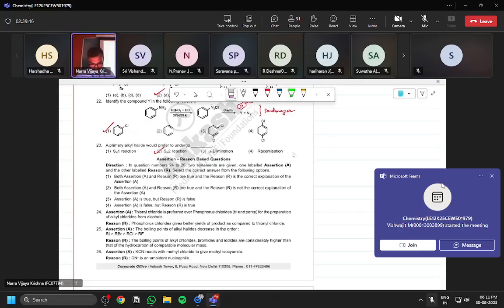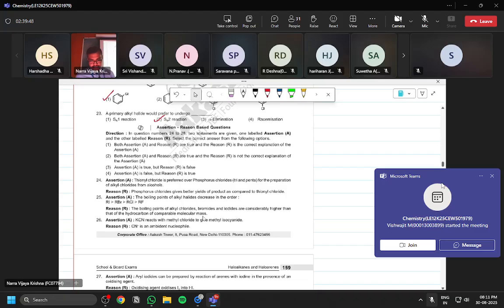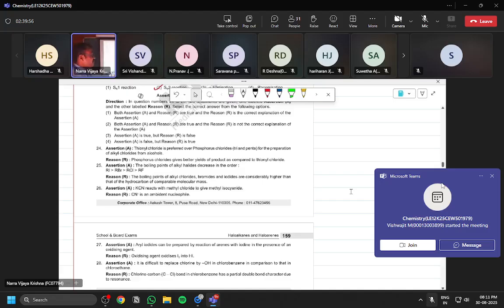Next one. First is correct explanation, not correct explanation. A true or false, A false or true. Okay. Thionyl chloride means SOCl2 is preferred over phosphorus chlorides, PCl3 and PCl5 for preparation of alkyl halides from alcohols. Correct only.